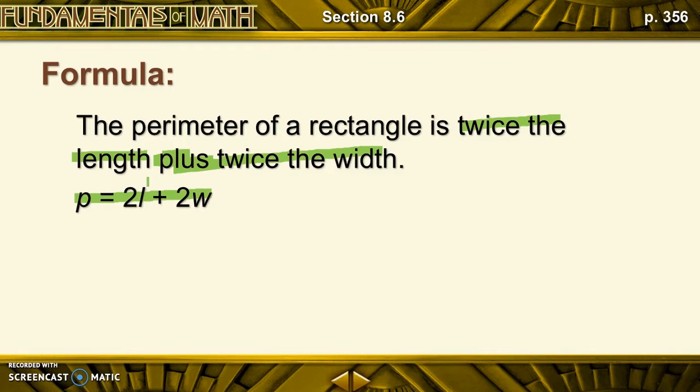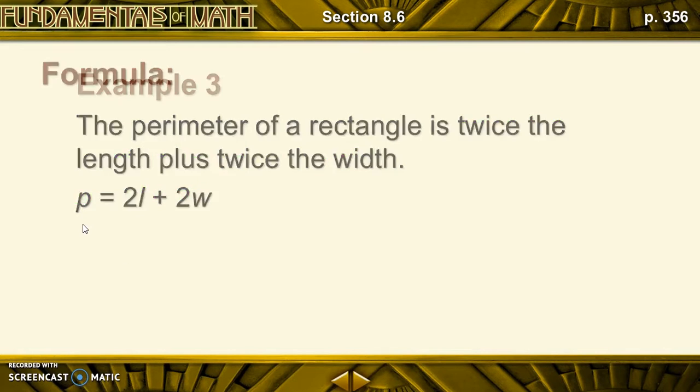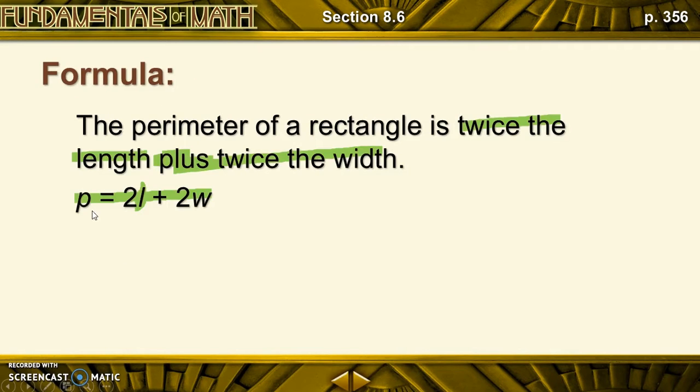Remember, when we write this L, we usually write a cursive L, so you can tell that it's an L and not a number 1. So we should just remember that P stands for perimeter, L stands for the length, and W stands for the width.